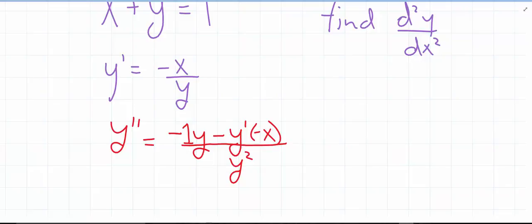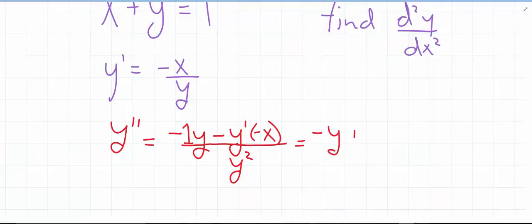Okay, now what we've got here is the second derivative, but we don't want this to be in terms of a y prime. What we want is our second derivative to be in terms of x and y. So here's what we do. At this point, I'm going to say, okay, this is -y.